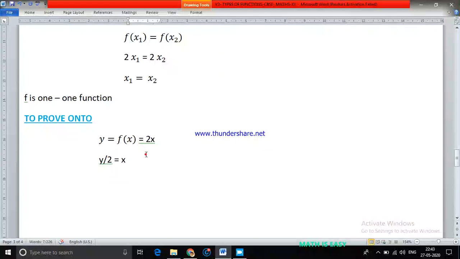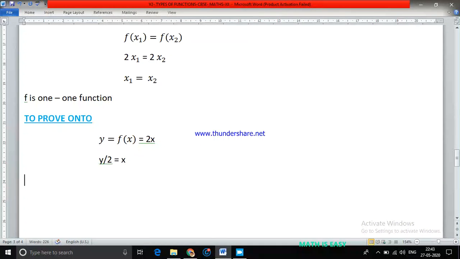Let me see whether it is possible or not. For example, let y equal 3. Then x equals 3 by 2, which is 1.5.